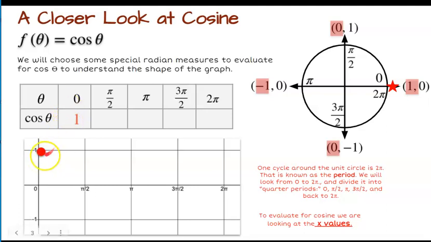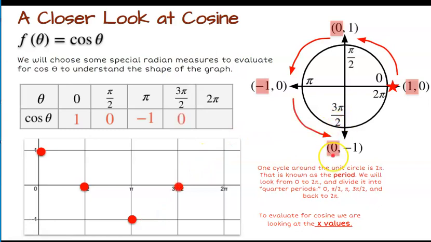0, 1. When our angle is pi over 2, the x value is 0, plotting that point in our coordinate grid. When our angle is pi, the x value is -1, so we plot that also in our grid. And when our angle is 3 pi over 2, the x value is 0.